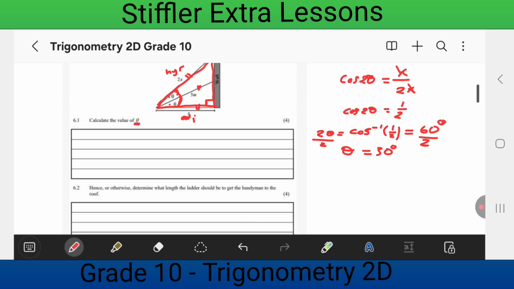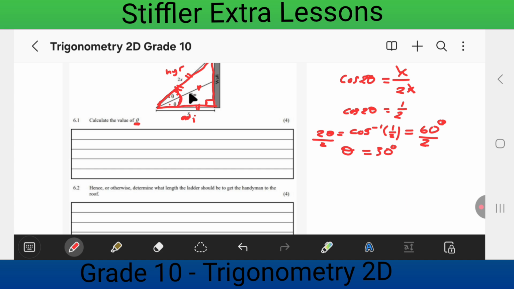And the second question says, hence or otherwise determine the length of the ladder should be to get the element to the roof. So we need the length of this. That is the length that you're trying to find. The second ladder that was put there, right? So what can we use? Here we can see that we're having a value.